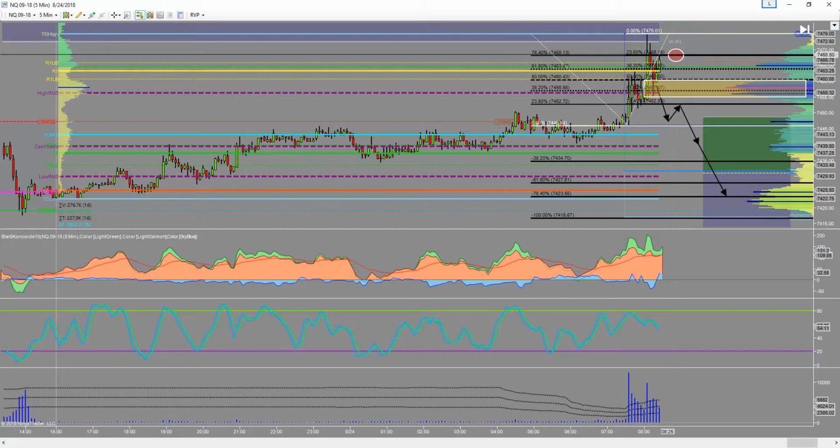That will be our entry, or 25, whatever you feel comfortable with. And then we expect the price to at least go to the 0%, or that's the initial balance high, and that would be a trade that is worth 68 to 75.